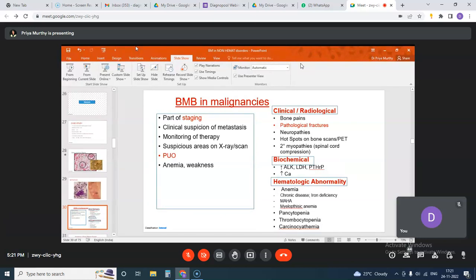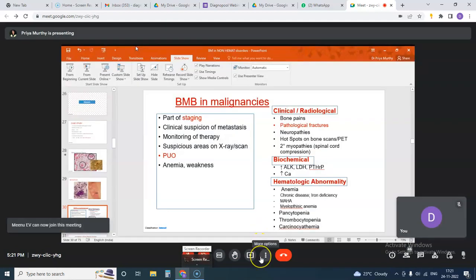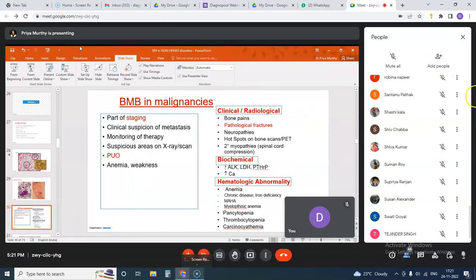And when the patient has suspicious pathological fractures and/or fever of a long duration, anemia and weakness, the biopsy can give you a clue that it could be due to metastatic deposits. When a PET scan is done, it may show hotspots on the bone scan, and spinal cord compression may also be seen.